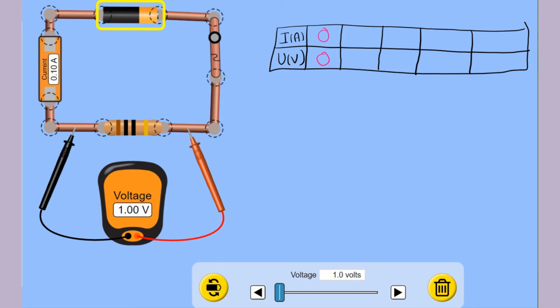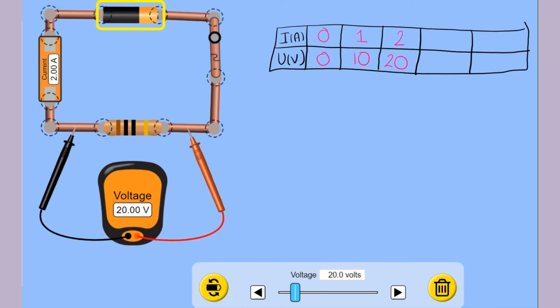Let's make it 10 volts. For 10 volts, the voltage across the resistor is now 10, and the current in the circuit is 1 ampere. Let's increase the voltage across the dry cell. Let's make it 20. Now the voltage across the resistor is 20 volts and the current flowing through the resistor is 2 amperes.